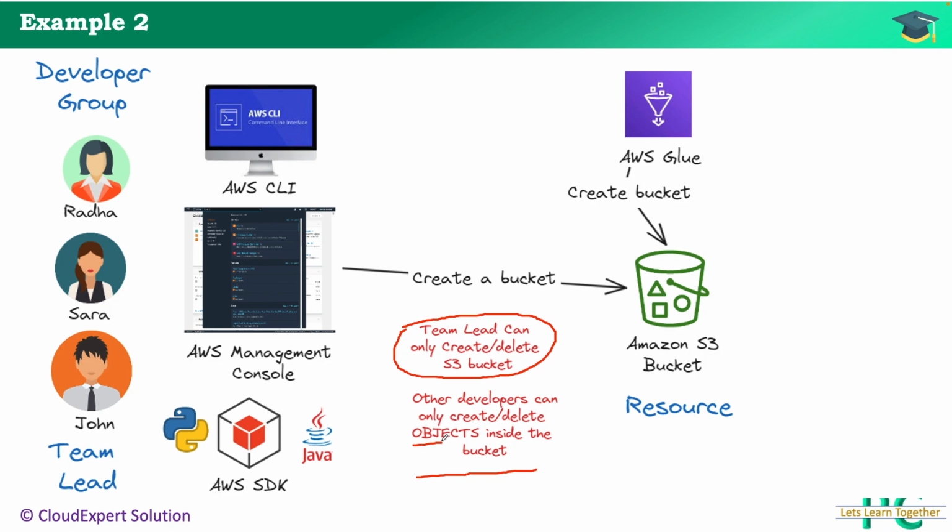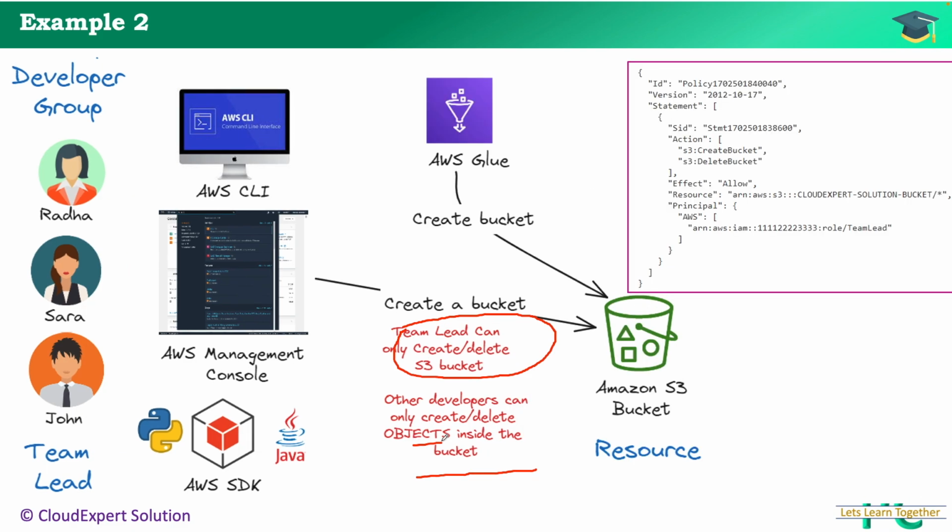Role means it's not an individual entity or a user, but it is the responsibility that one user can take, and the role will help that user who is assuming that role to create or to delete or to perform the proper operation.